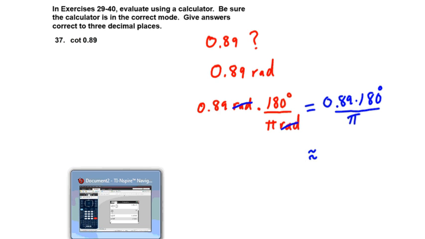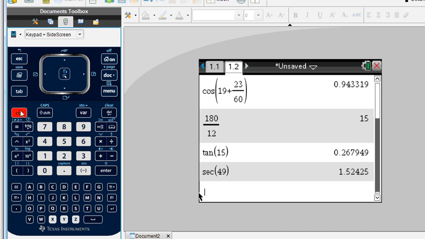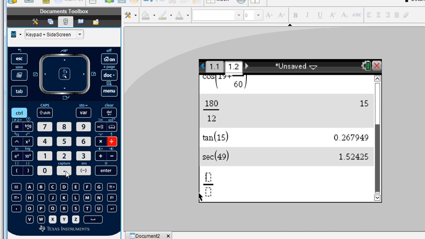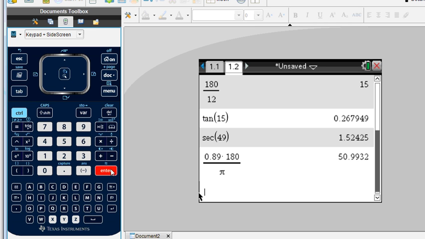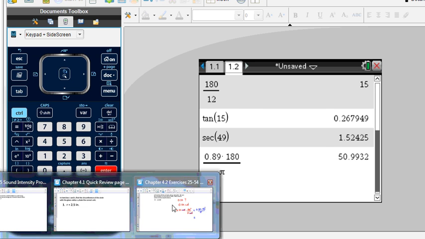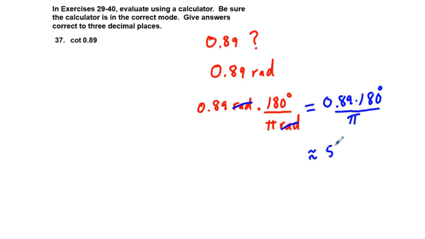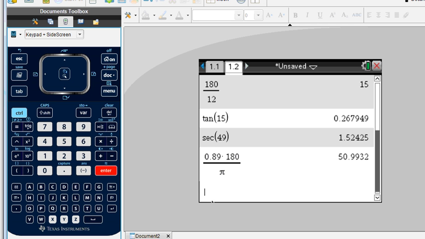So going to our calculator, we get 0.89 times 180 degrees, and we're going to divide this by pi. And again, we divide by pi because pi didn't cancel out like it has in our earlier uses of conversions to radians and degrees. So you get 50.9932 degrees.